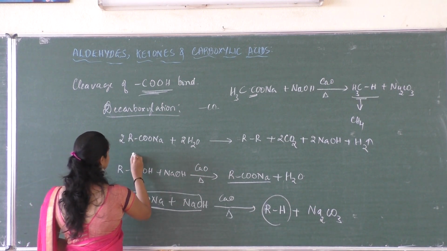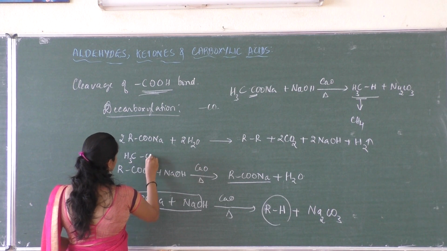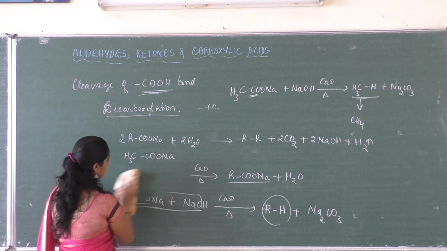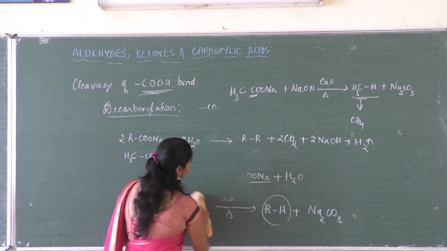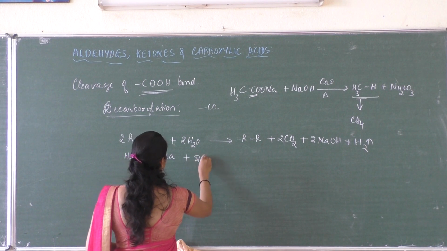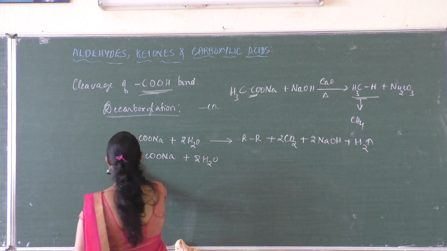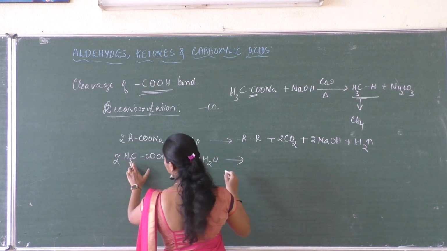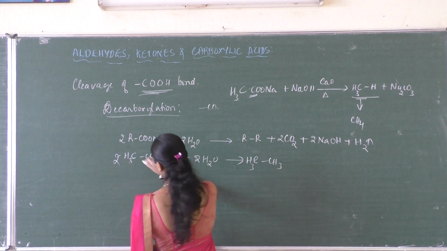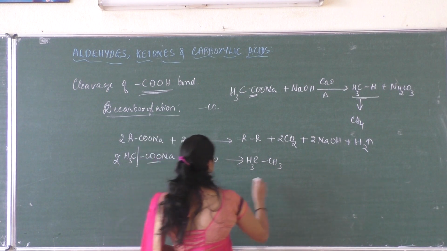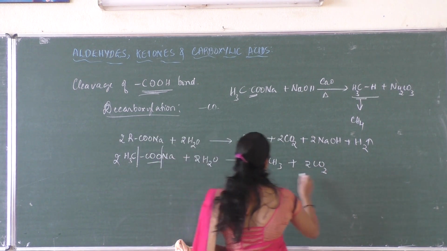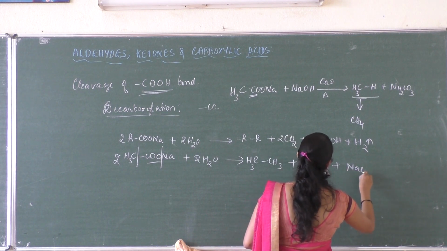Example: this is twice, so CH3 gets bonded with CH3, and then 2CO2, and then sodium as sodium hydroxide.